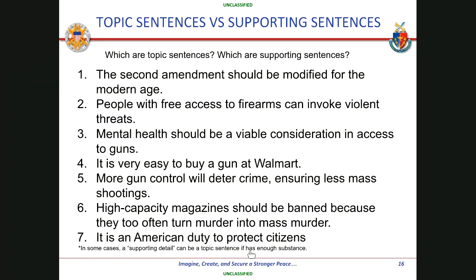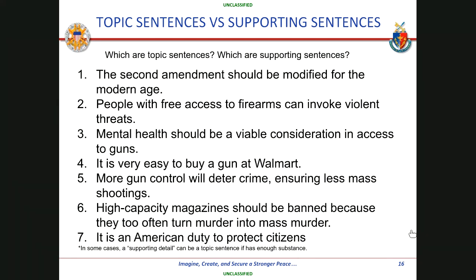You have to ask yourself the question, can I write a lot on this topic? Maybe if it was more general, something like, instead of banning guns altogether, we could look at implementing restrictions on the purchase of certain firearms. That's a more general statement than this one. This one is a little bit too specific, so that's why I think it's a supporting sentence.